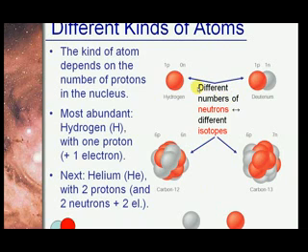So hydrogen, if it has a different number of neutrons, turns from hydrogen to deuterium. And it's the same for carbon, from carbon 12, which has 6 protons, 6 neutrons, to carbon 13. These are all isotopes.